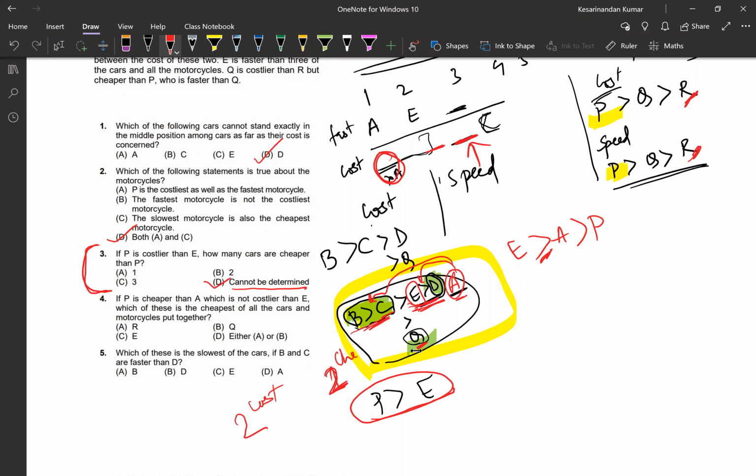So we have three cars that are definitely either above A or at least equal to, that is B, C, E. D we have no idea. Now coming back to the question, which of these is cheapest of all the cars and motorcycles put together?